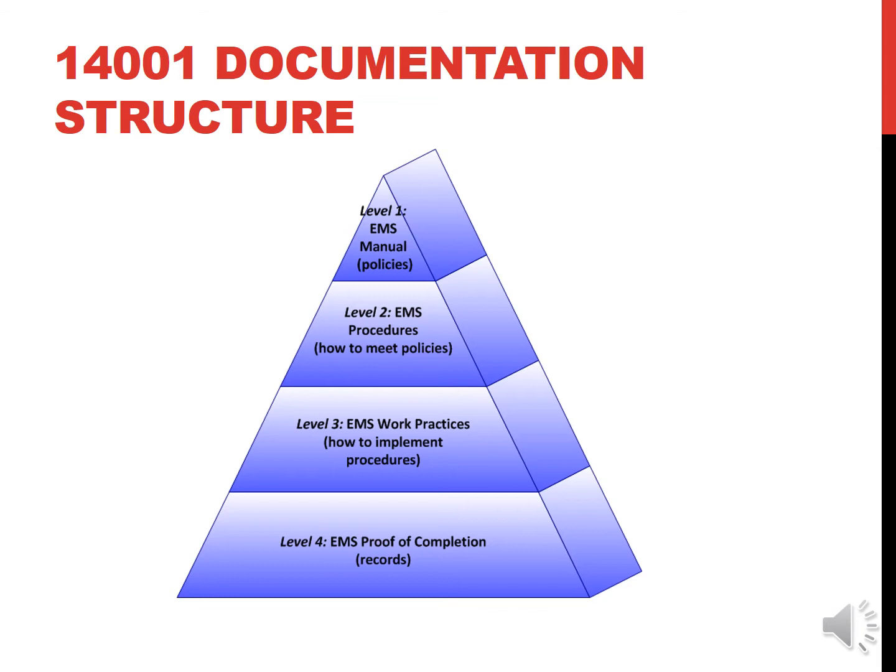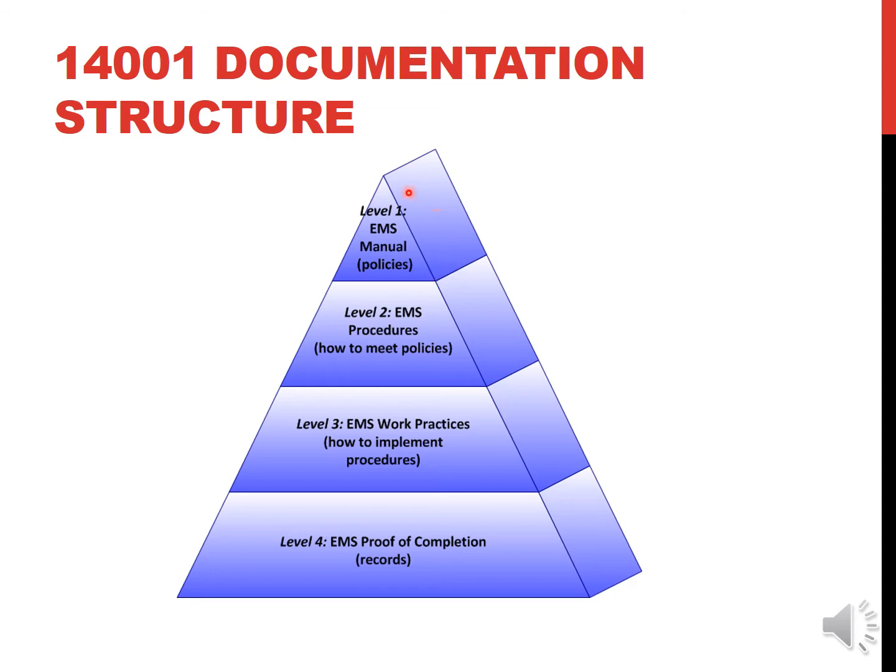The documentation structure within an EMS can really help or hinder an organization depending on how it's deployed. And in order to deploy it properly, it's important to understand that there are essentially 4 levels of documents within any EMS. Level 1 is policies.